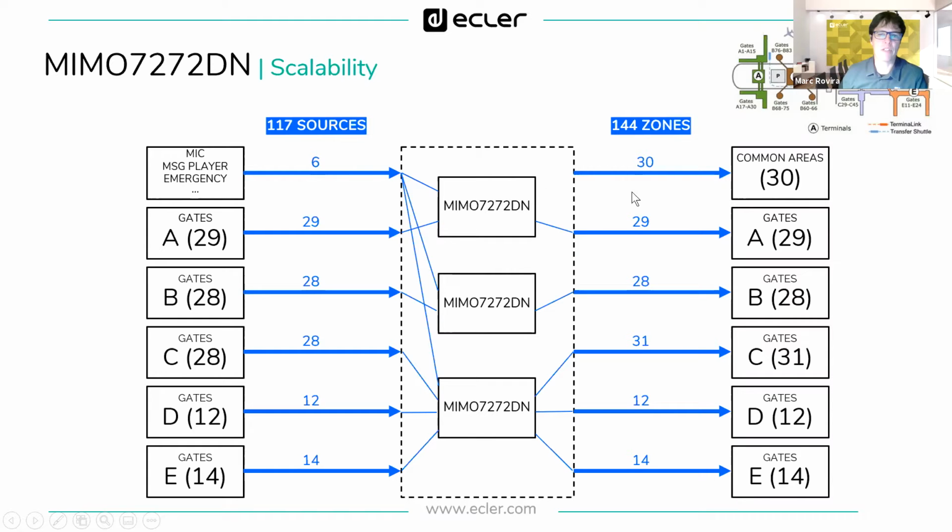And the common areas can also be covered by the spare outputs we do have in these devices. So here we've got a lot of output ports left, so we can just route. This is a more cost-effective way of designing a thing like that.